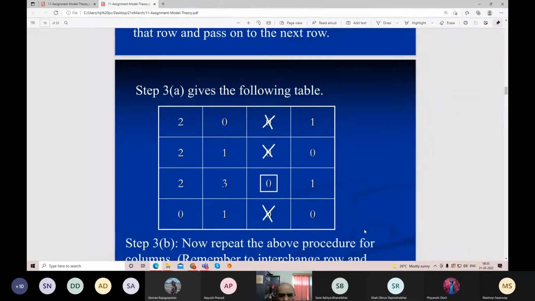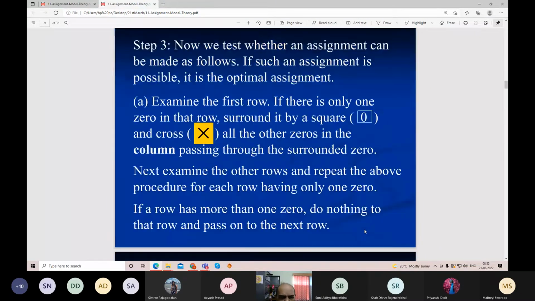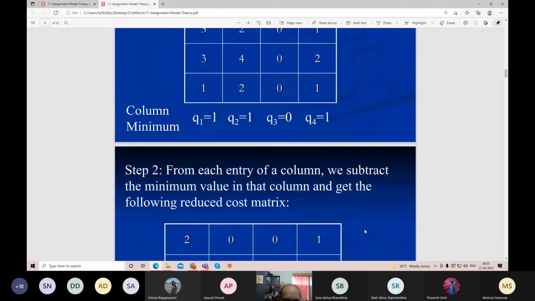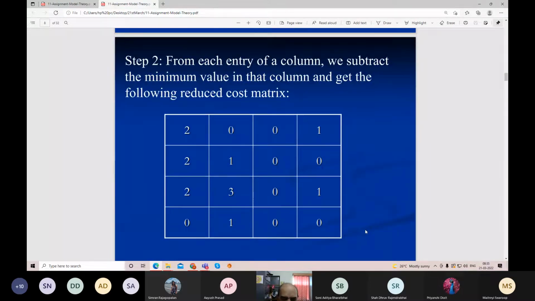Here, after subtracting the minimum value from row and column, this is the reduced matrix. In this reduced matrix, we are examining: the first row has 2 zeros, the second row has 2 zeros, the third row has 1 zero, and the fourth row has 3 zeros. So what should we do?